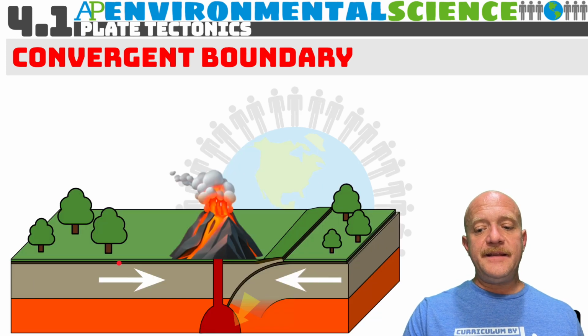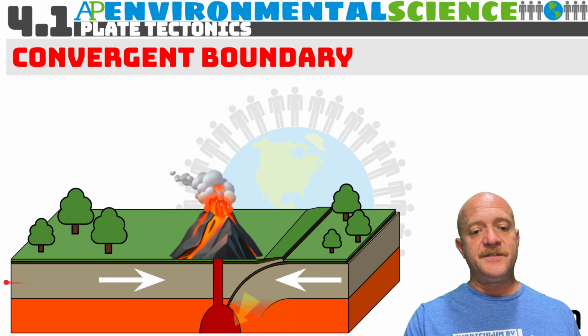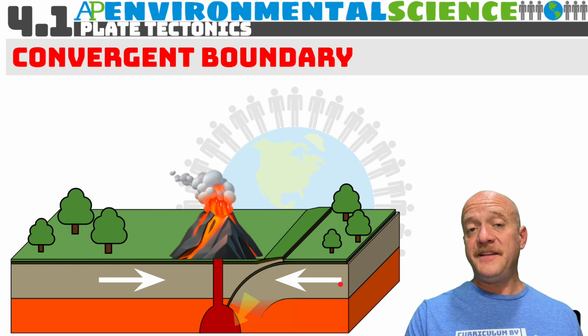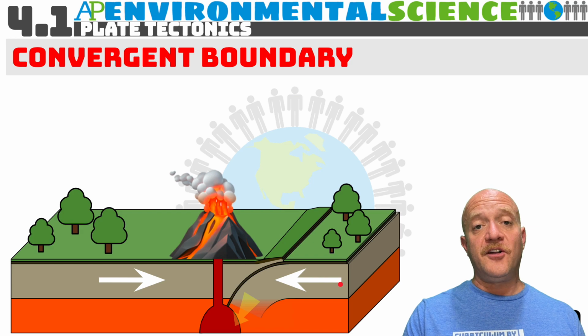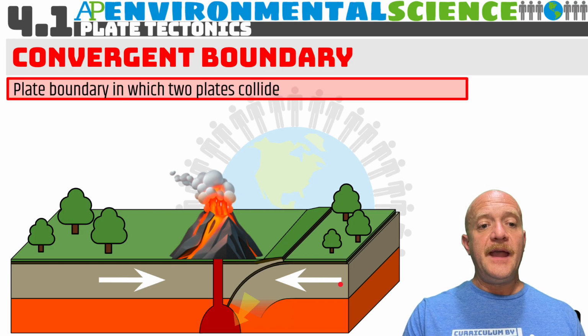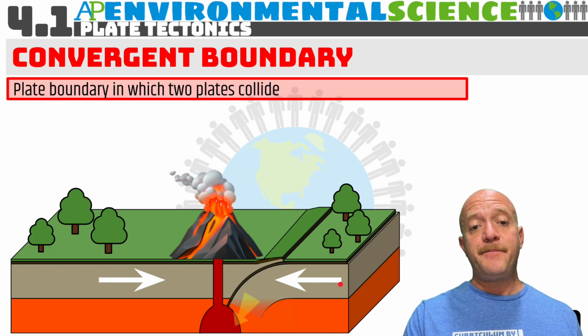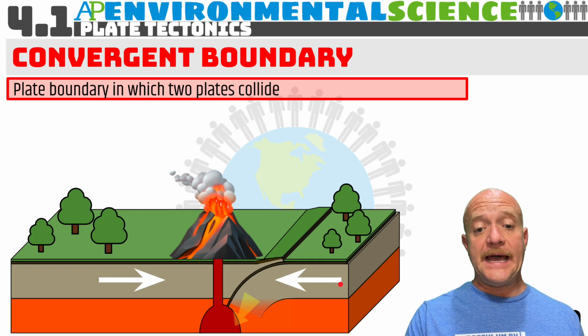At these boundaries where the lithosphere meets itself, part of the lithosphere is moving to the right, and part of it is moving to the left. When these tectonic plates come together, we have what is called a convergent boundary, a plate boundary in which two plates collide.